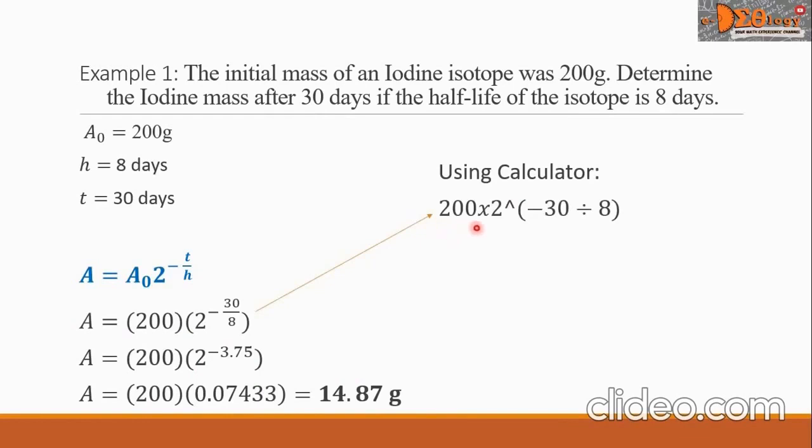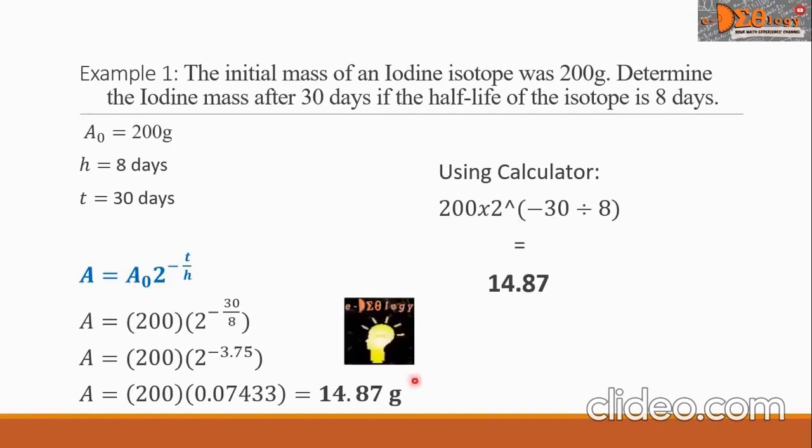First is the 200 times 2, then the symbol raised to, open parenthesis, then negative 30 divided by 8, then close parenthesis. Then we hit the equal sign and the answer will come, the 14.87. So this is our final answer.